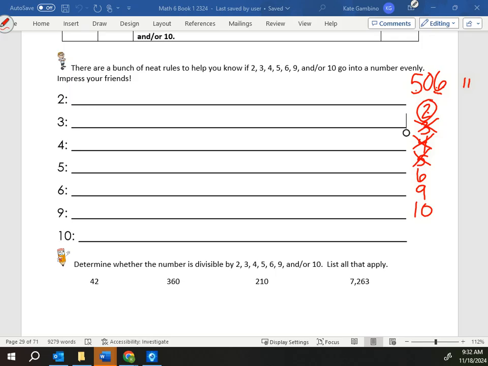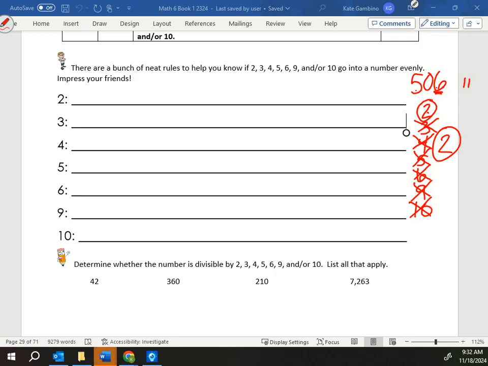It's only divisible by 2, not by 3, so it can't be divisible by 6. 5 plus 6 is 11. 11 is not divisible by 9, and it does not end in a 0. So I can just run through each of those divisibility rules, crossing off the ones that don't work, circling the ones that do, and I know this number is only divisible by 2.